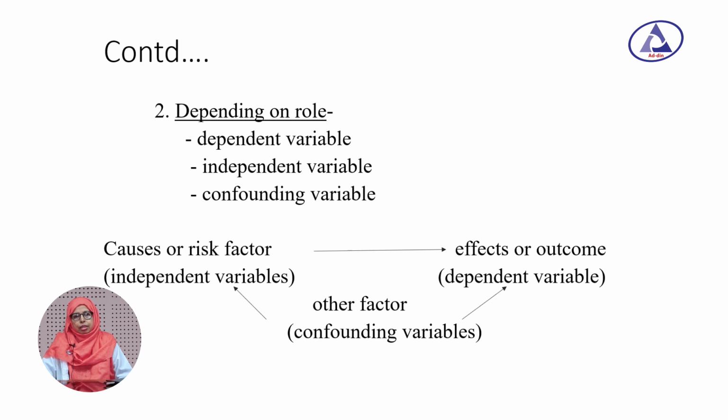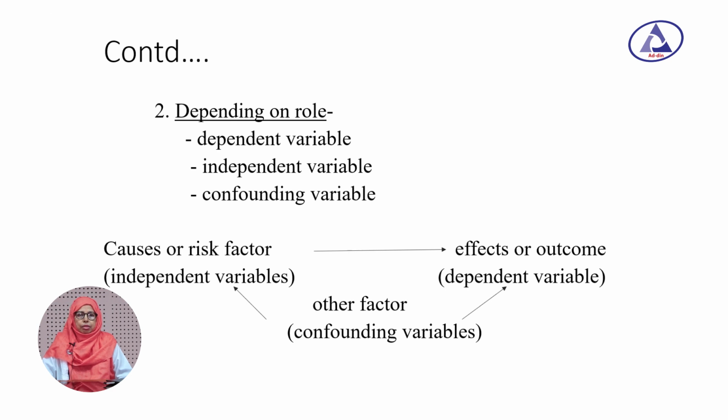Independent variables are not influenced by anything or by the dependent variable; it is usually the cause or risk factor of the problem. Like smoking causes lung cancer. Here lung cancer depends on smoking. So lung cancer is the dependent variable and smoking is called the independent variable.